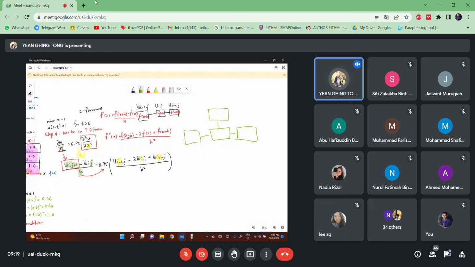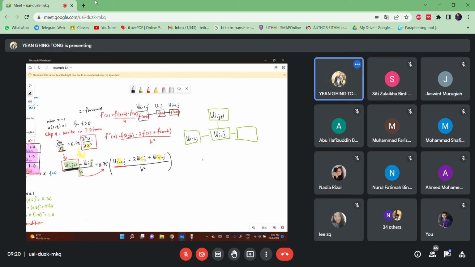Okay, daripada sini, we have this one. u(i, j plus 1). And we have u(i, j). Kat sini, and here we got u(i minus 1, j). And here, yang ni ada dah, u(i plus 1, j). So this is our target cell actually. That means this is the one that we want to find the value.